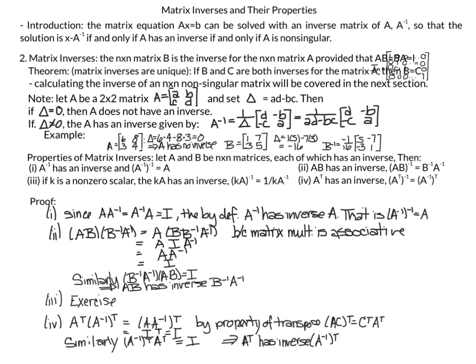And part 4 is to show the inverse of A transpose is equal to A inverse transpose. So to prove that this is the inverse of A transpose, we'll multiply them together. So I have A transpose times A inverse transpose. So by properties of transpose, when you have two things multiplied together, their transpose is equal to C transpose A transpose. So their transposes separately, but you have to change the order.